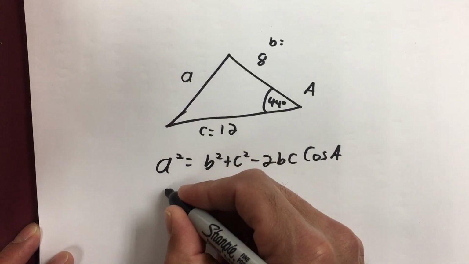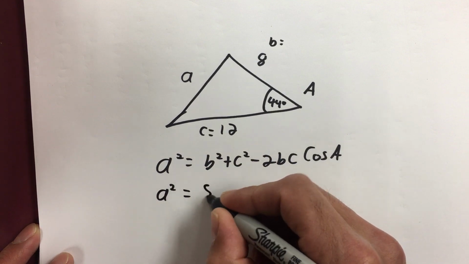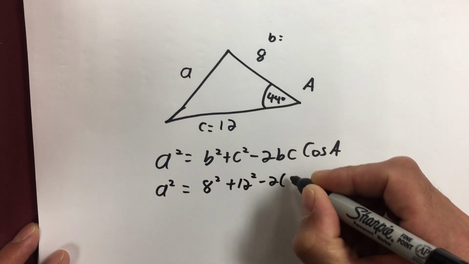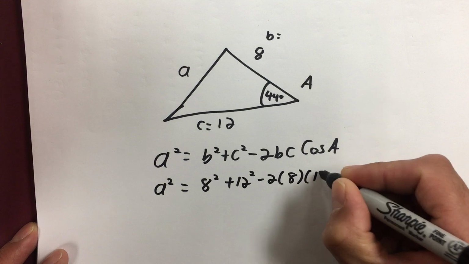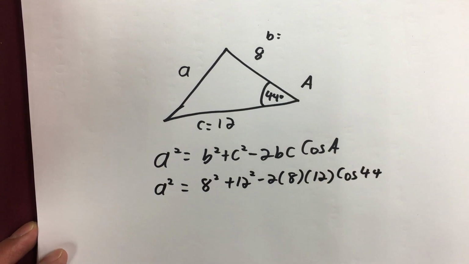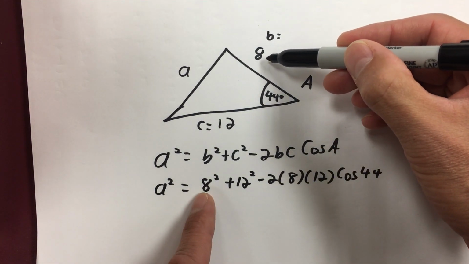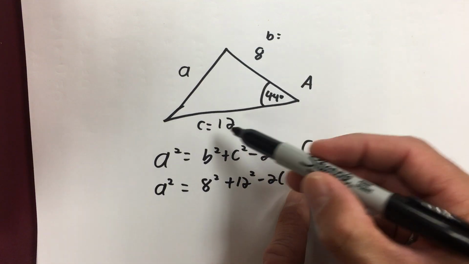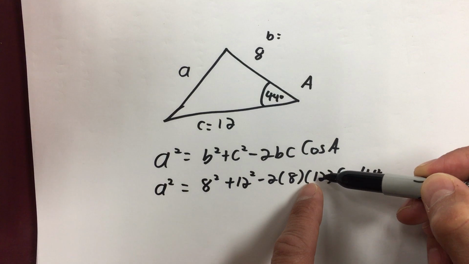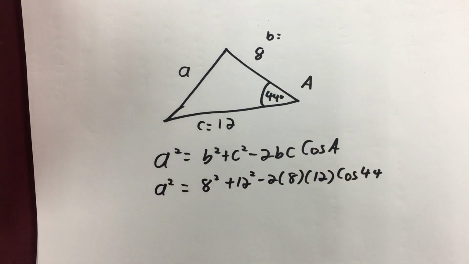I'm now going to put in the values. A is unknown. So if B is 8, I've got 8 squared here and I've got 8 here. C is 12, so I have 12 squared and I have 12 here. And angle A is 44, so I'm going to take the cosine of 44.